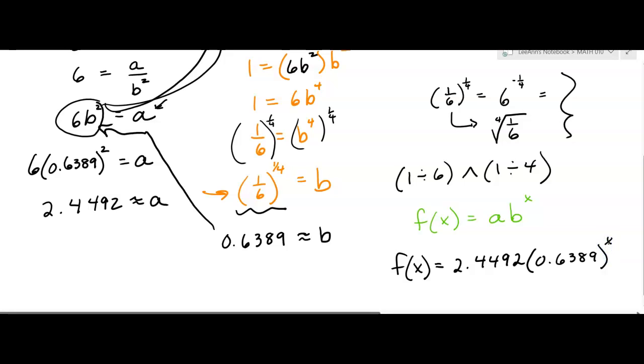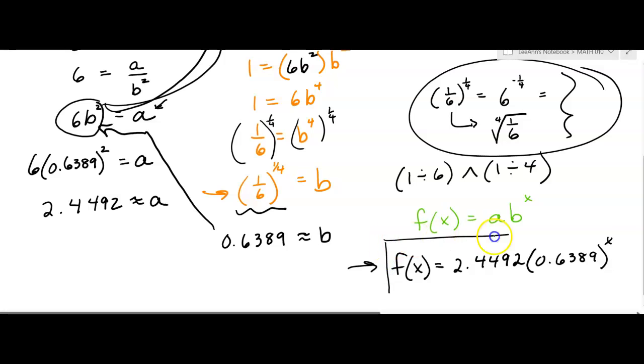These are rounded off answers. You could use the actual values by writing it one of the ways we were talking about up here. The nice thing about this form is it's easy to put in a calculator if you were doing a bunch of calculations. So, okay, there we go.